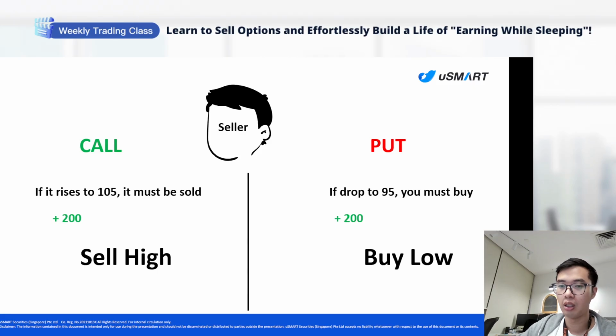For the put, if it drops to 95 or below, you must buy at 95. It means you buy low, a buy limit. Sell call, take profits. Sell puts, buy limits. Just remember this, it is that simple.